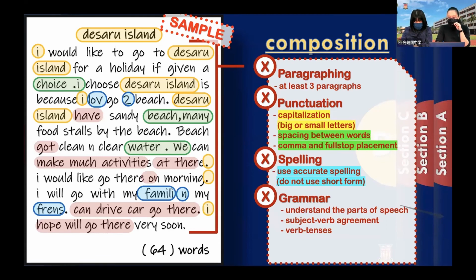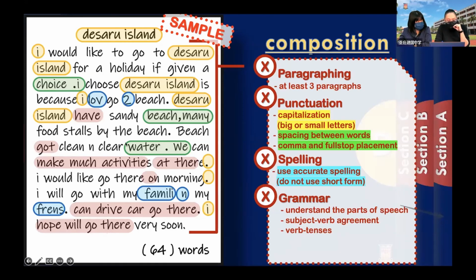A lot of us like to use short forms because we are so used to WhatsApp and text messaging. But in your essay, you must remember to use the full spelling. Finally, the broken English is the grammar part.